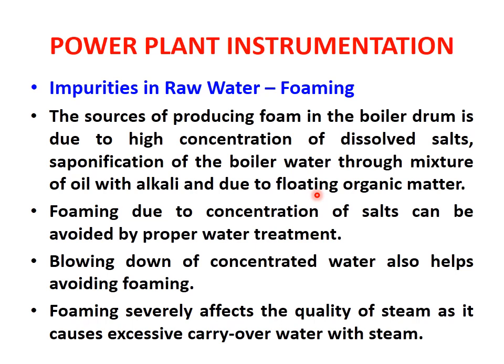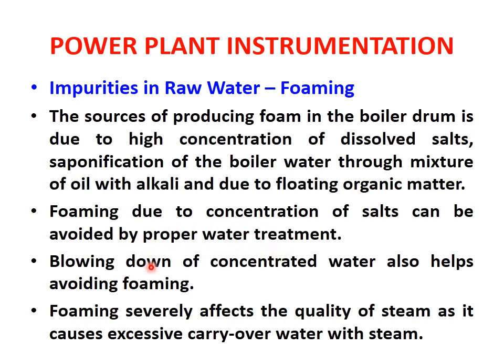Also saponification of the boiler water through mixture of oil with alkali. So here when the alkali and the oil are mixed, saponification of the boiler water means some separation of the boiler water will take place, which is called foaming, or it is also due to floating organic matter. Foaming due to concentration of salts can be avoided by proper water treatment.